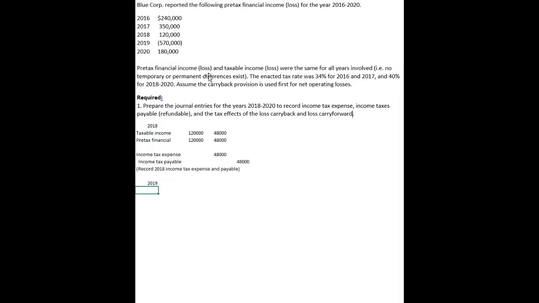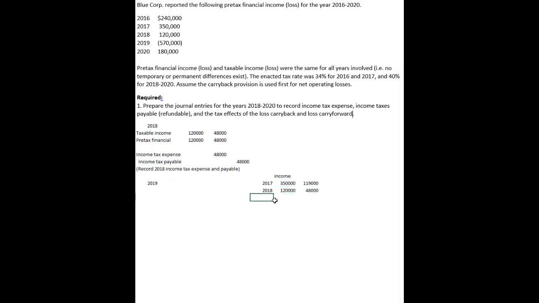And so maybe I could make a little schedule over here. For 2017, we're going to carry back, so this was the income, there was 350, and for 2018 we had income of 120. And we know that the tax rate at that point in time in 2017 was 34%, and in 2018 was 40%.